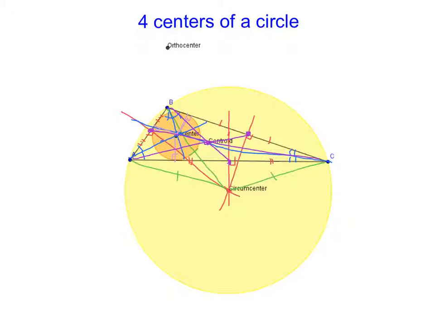Okay, the last one that I'm going to talk about, simply because it's another point of concurrency, is the orthocenter. And just like the circumcenter, this one can wind up outside of the triangle. And it is created by dropping altitudes for them. So the altitude from B to its opposing side here, that extends well out past that line there.